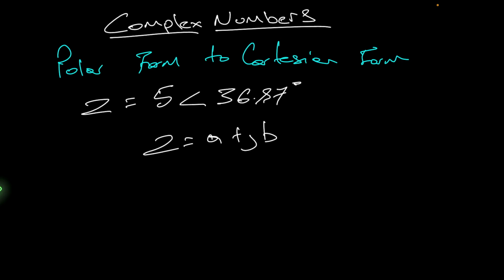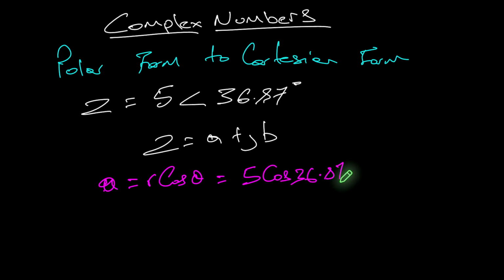For our real part, we would have a equals r cos angle. And we know what the r value is. In this case, it's just 5. So we do 5 cos 36.87 degrees. That would work out our a part, and we would expect to get the same as we had before, which is 4. And our b part would be quite similar, but instead of cos, we have sin.